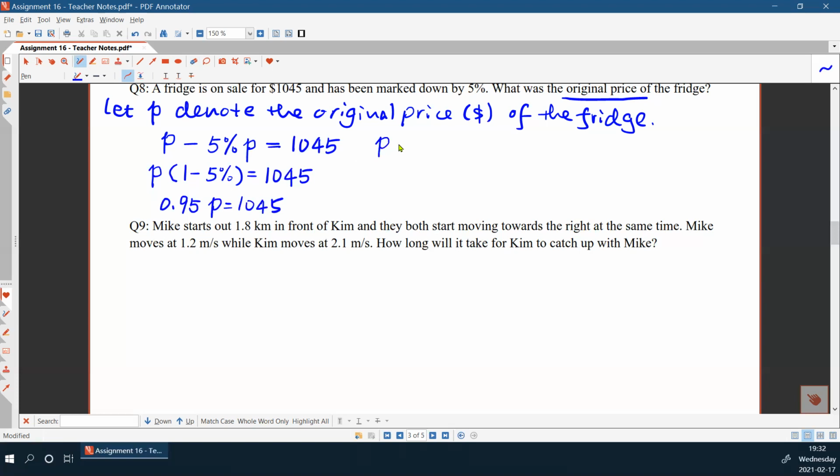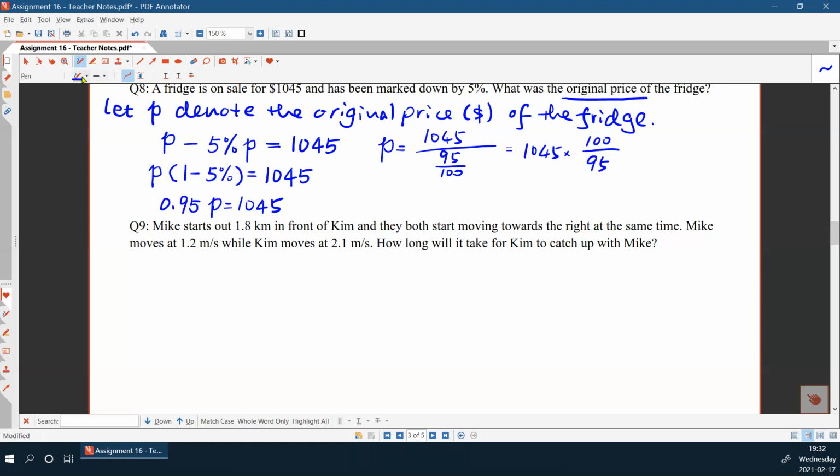So here P is 1045 over 0.95, which means 95 over 100, right? 1045 divided by a ratio equals this number times the reciprocal of the ratio, right?